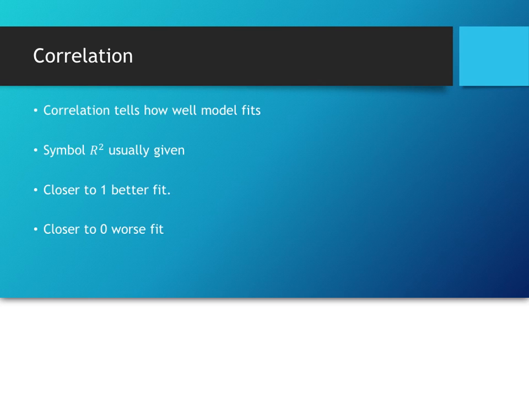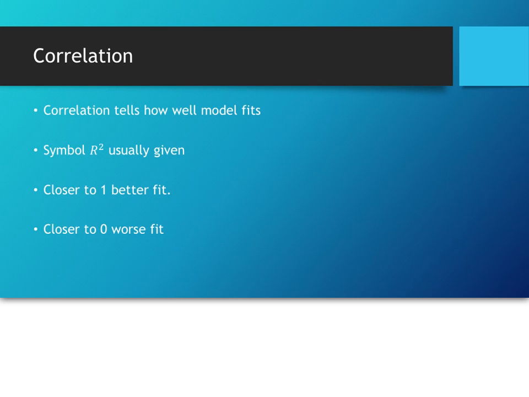All right, so here's the thing. A lot of times in statistics, you look at something called correlation. Typically, the Pearson correlation coefficient is how well a linear model fits. We're not going to look at all these Pearson correlation coefficients. We're just going to look at a symbol that your calculator can give us: r squared.